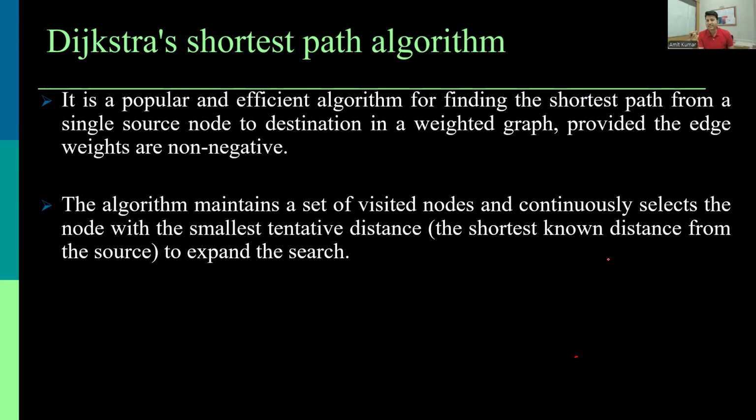So this is one of the restrictions for Dijkstra's algorithm. One more thing is that it is used to find the shortest path from source to destination. It will not give you the shortest path between every possible pair in the given graph. If you change the source and destination, you are supposed to run the algorithm one more time to get the shortest path. Okay, so this is some basics about Dijkstra's algorithm.